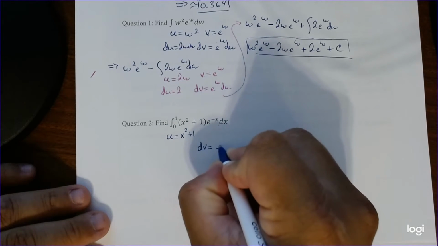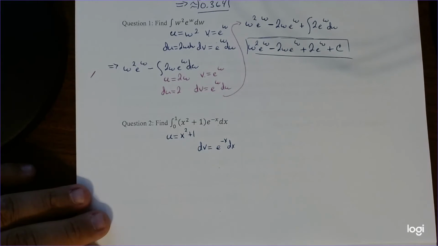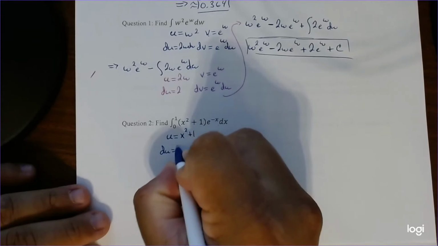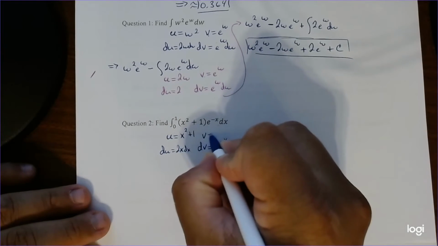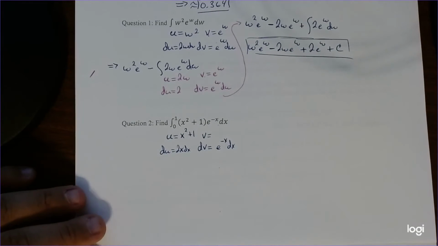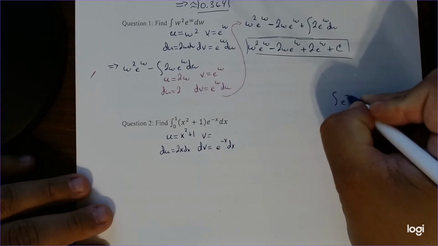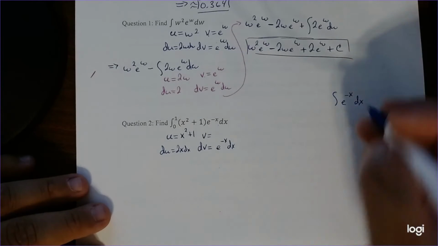dv is going to be e to negative x dx. So the derivative of u here is going to be 2x. The integral here is not as fast as the top one. So let's see, if we take the integral of e to the negative x dx, that is also again a substitution rule.